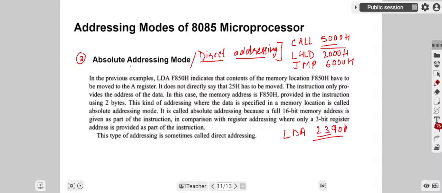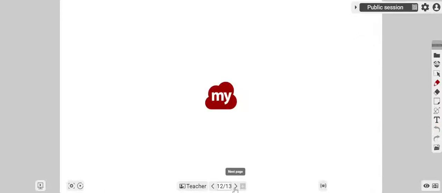So you do not have to confuse between absolute and direct. Absolute also means direct addressing. Here no register is provided but a direct address is provided with the instruction.